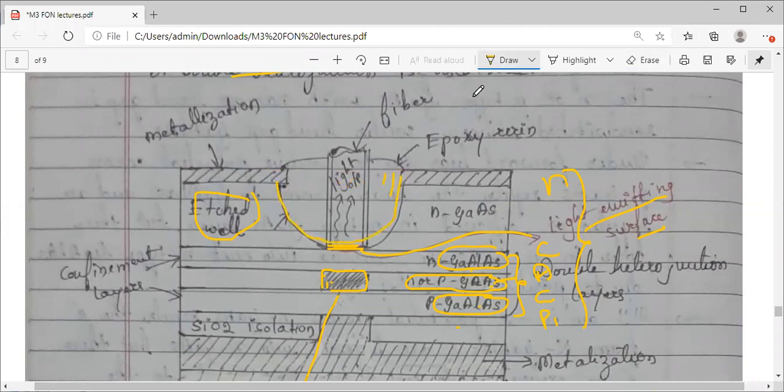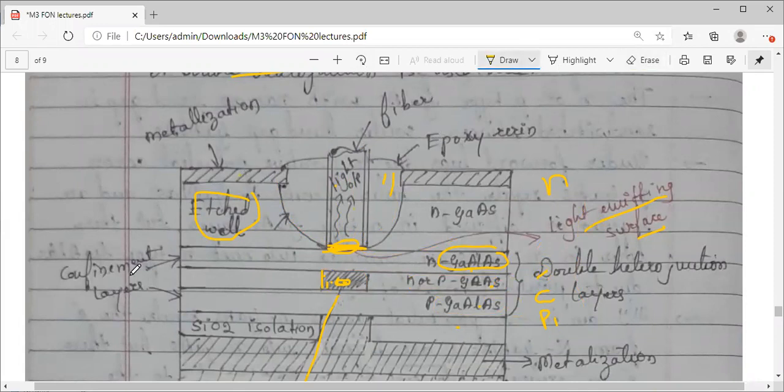You can see there is an etching here. This part is removed so that the active region and this face come close, and through this the light gets emitted and enters the optical fiber. So here I can connect one optical fiber. This is the structure I have drawn.